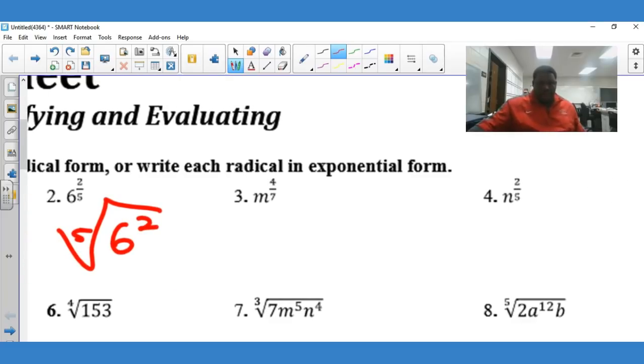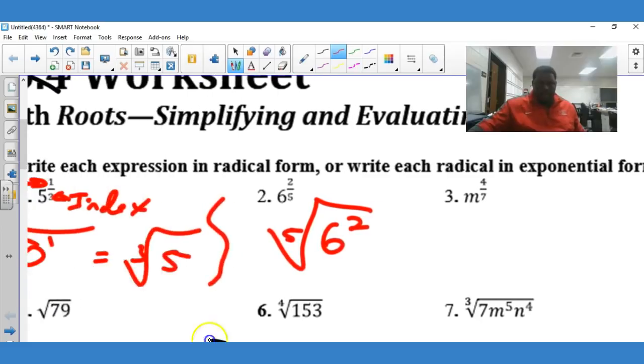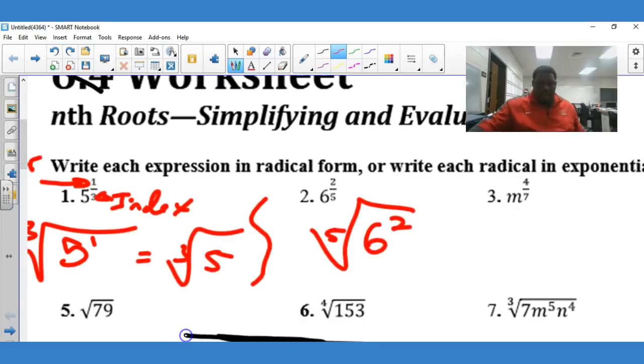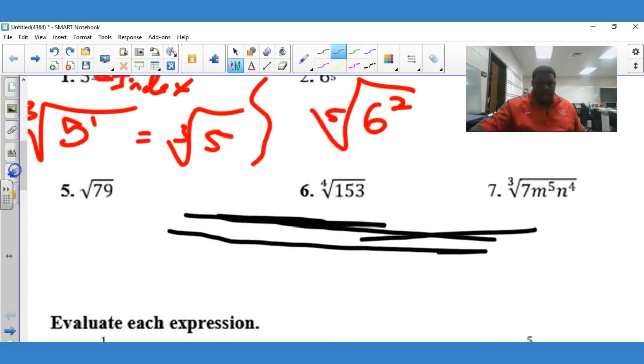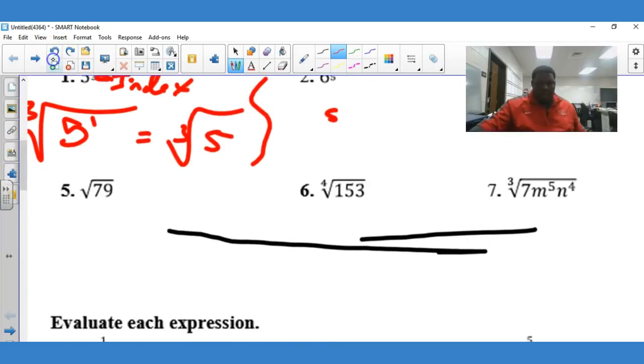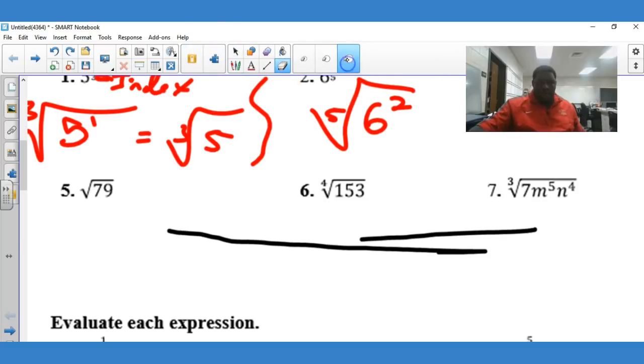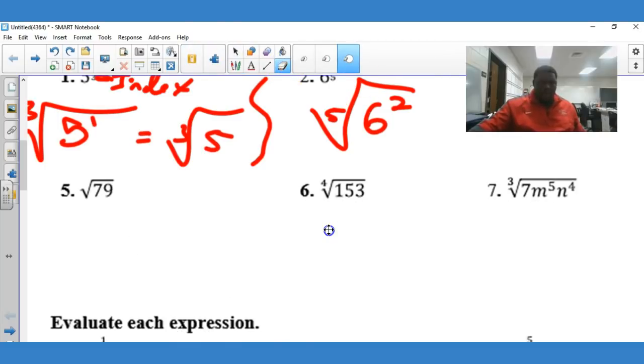I'm going to leave those two for you, okay? Down here, we have a radical. Now, with the radical, we need to rewrite the radical as an exponent. If you remember the rule, our index right here is not written.